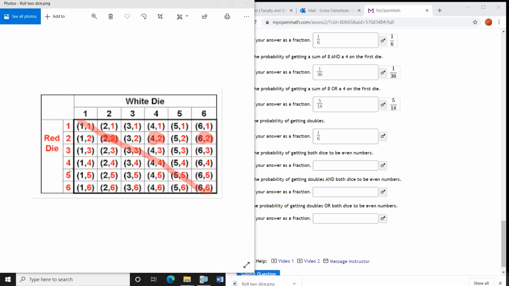Now I'm looking at 4. The row with 4. Oops, sorry, I missed. Okay, I missed this one. It should be 2 and 4. So again, this was here from the previous problem.